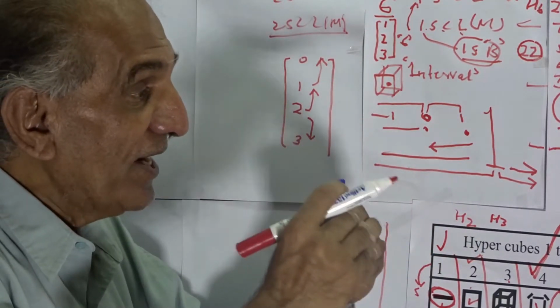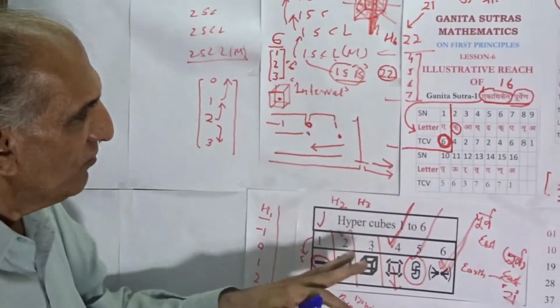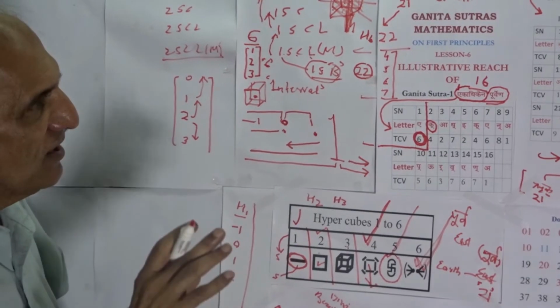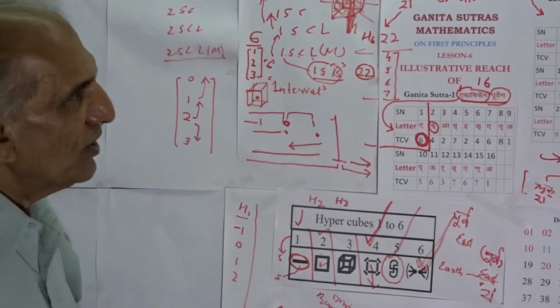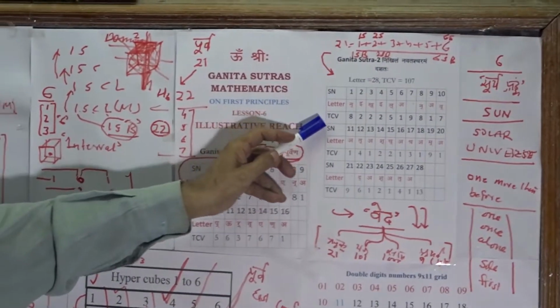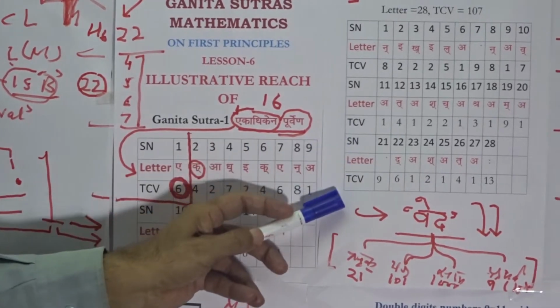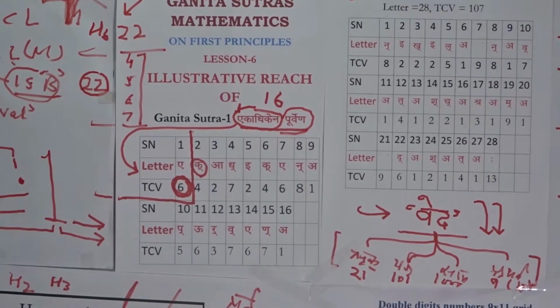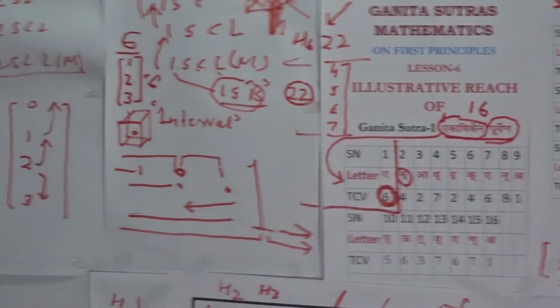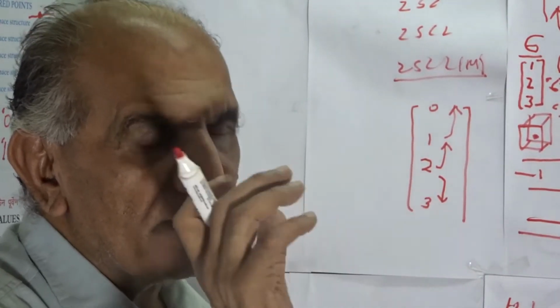A step ahead, when we transit from Ganita Sutra 1 and reach the mathematics of Ganita Sutra 2, we can see that Ganita Sutra 2 is a scripture, a text of 28 letters, and value 28 is the value of the second perfect number.